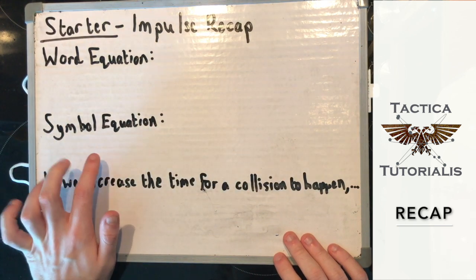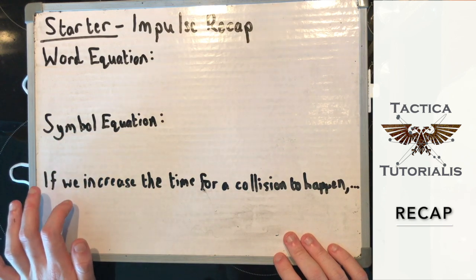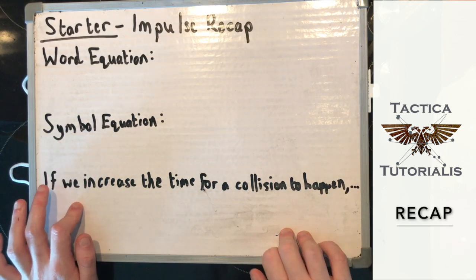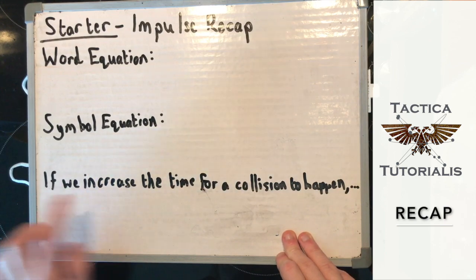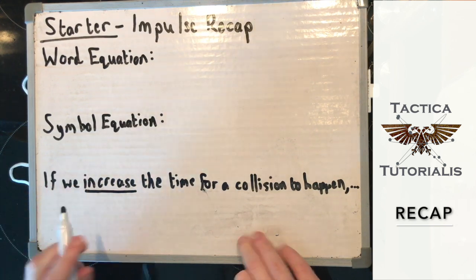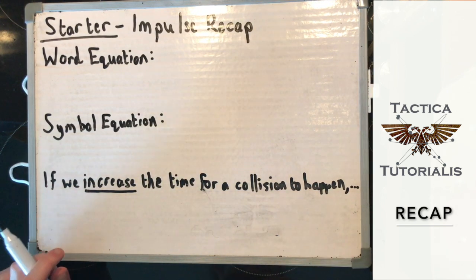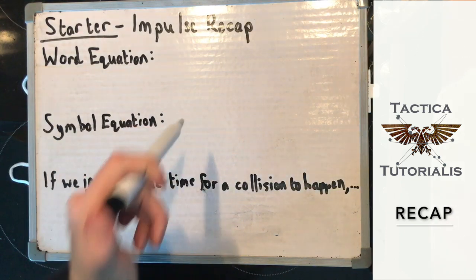I would like you to write the symbol equation as well. And then I'd like you to complete the following sentence, which is also going to be on my companion PowerPoint. If we increase the time for a collision to happen, what happens? So those are your three tasks.